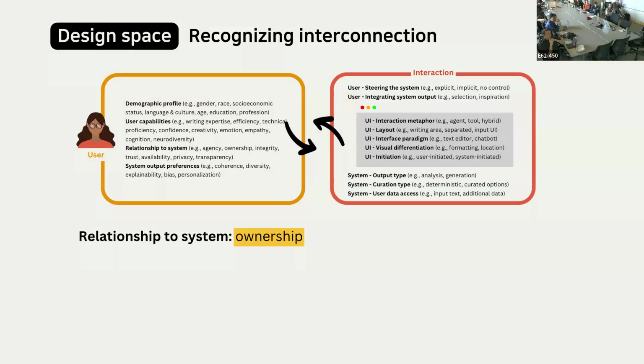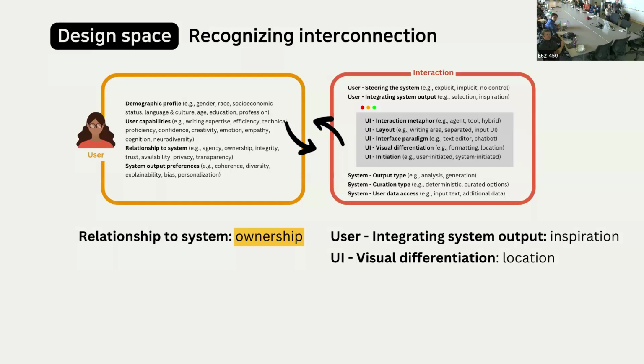So I think it's worth spending the last 1 minute highlighting this point, which is that all these dimensions and codes are interconnected. So if you care about, for example, maintaining users' ownership over the written text, maybe you want to keep the users accountable for what they write and make sure that they feel responsibility for what they've written, then maybe you can consider, again, from the earlier question, having users not just directly integrating system output, but having them do some work, like have something that will inspire the users to write something, but maybe not directly inserting into the text editor.